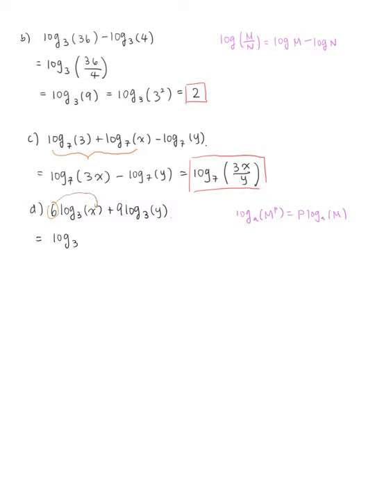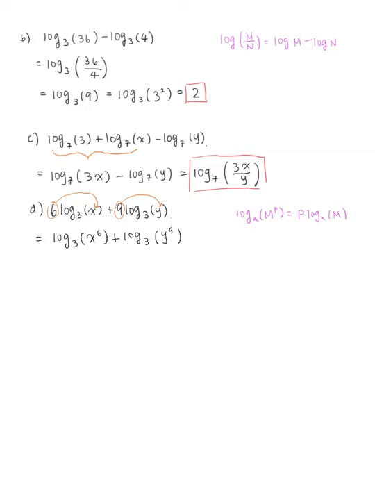Okay, so then here you're going to have x to the 6, and then plus, now the same thing, this 9 becomes the exponent on the y. So here you're going to get log base 3 of y to the 9th power.